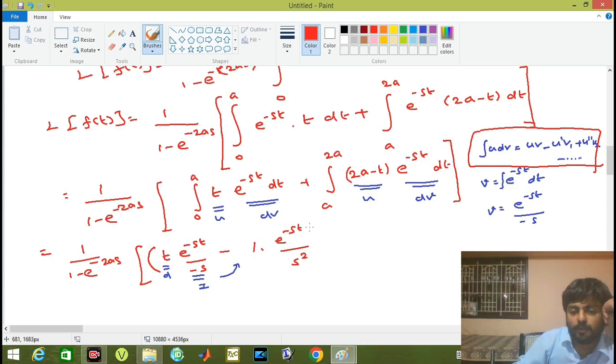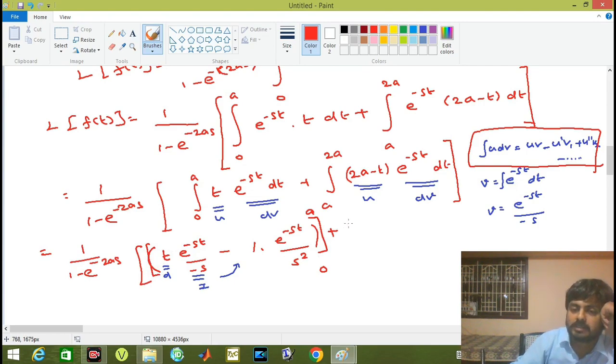The next term will become 0. So the limits are 0 to a, plus the limits are 0 to a.